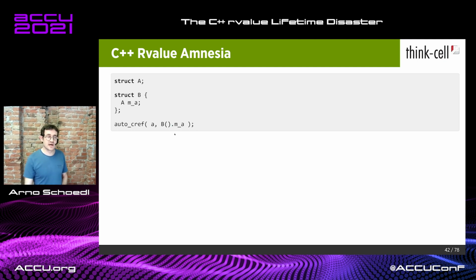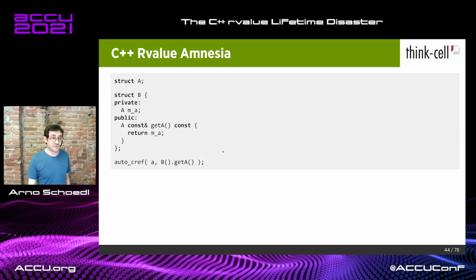And we want to assign one of the members inside B, again an A. In this case, the member A is going to be an rvalue, because members of rvalues are rvalues. So this will work, because this is of type rvalue reference, and the autocref will turn it into a value. So all good.